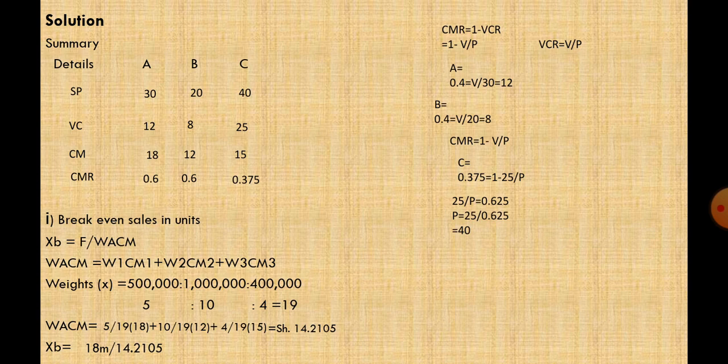You get the break-even sales in units as 1,266,669 units. That is the answer to Roman 1. But Roman 2 was telling us to compute the profit function.